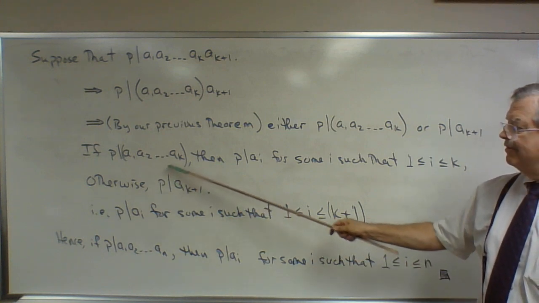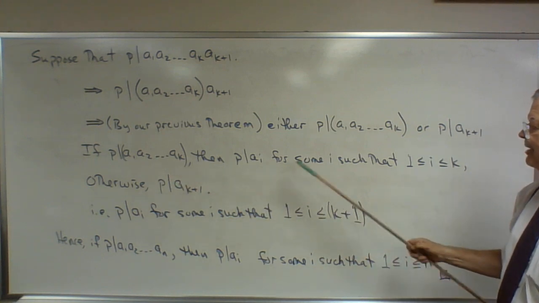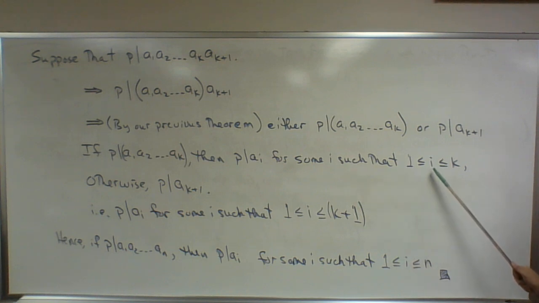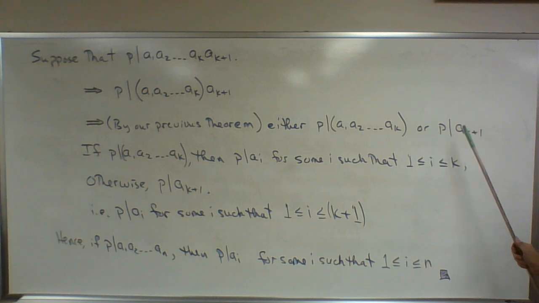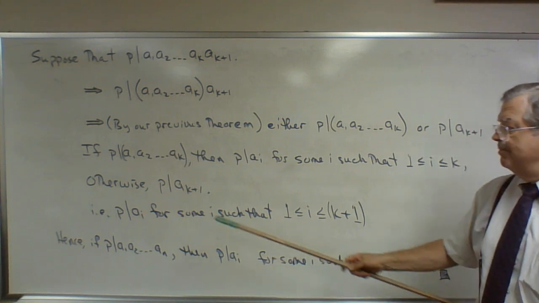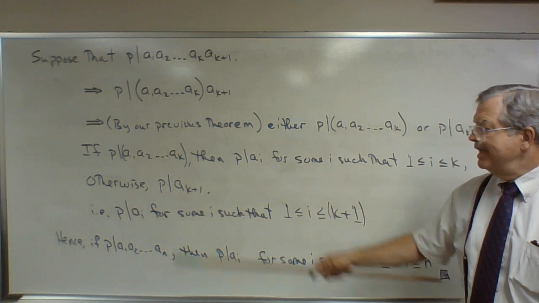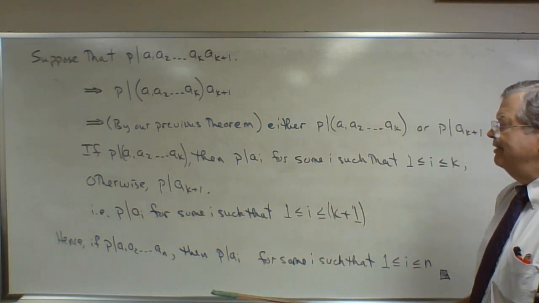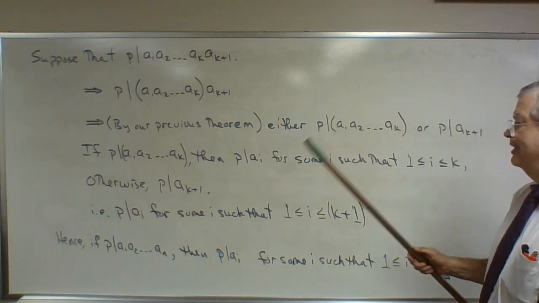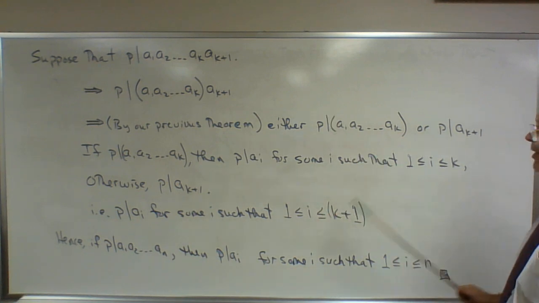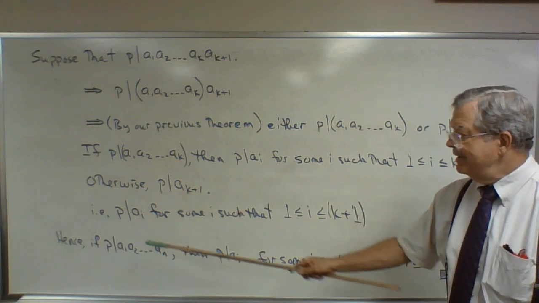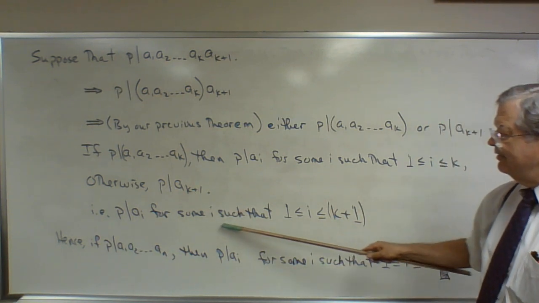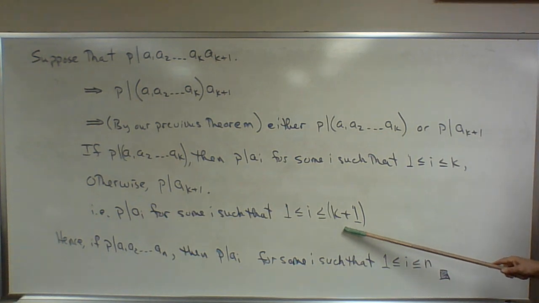And if P divides the first, then P divides a sub I for some I such that I is between 1 and k. Or, if this is true, P divides a sub k plus 1. Now what this means is, either this is true or this is true, which means that P divides a sub I for some I such that I is between 1 and k plus 1.